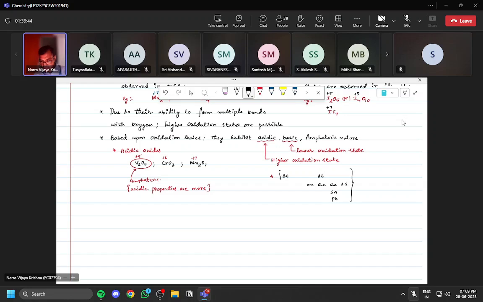These oxides are amphoteric. What are amphoteric? They can react with acids as well as bases.